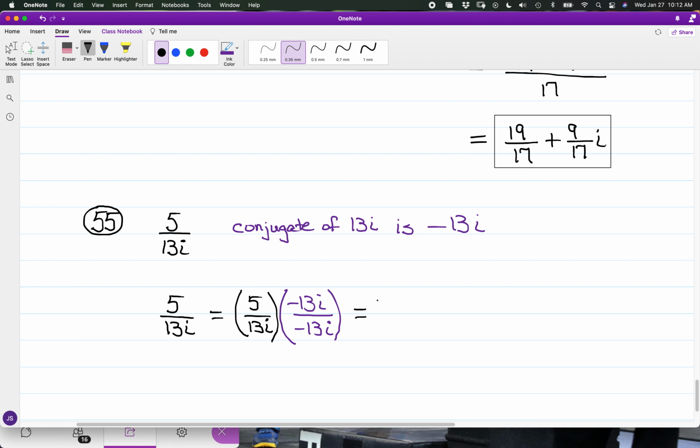So here we have 5 times negative 13i, so this will be a negative 65i. 13 times negative 13, that will be a negative 169. Now we have i squared.